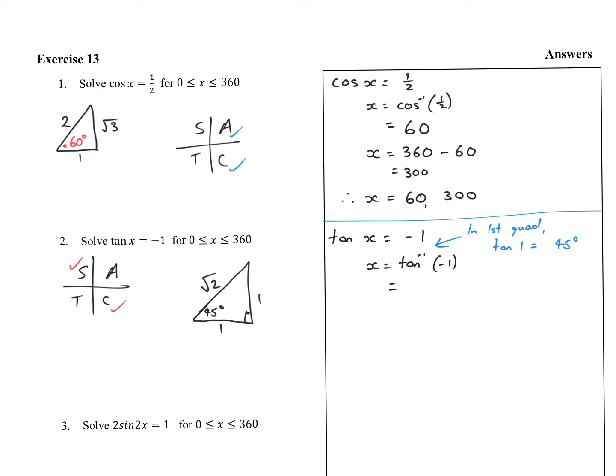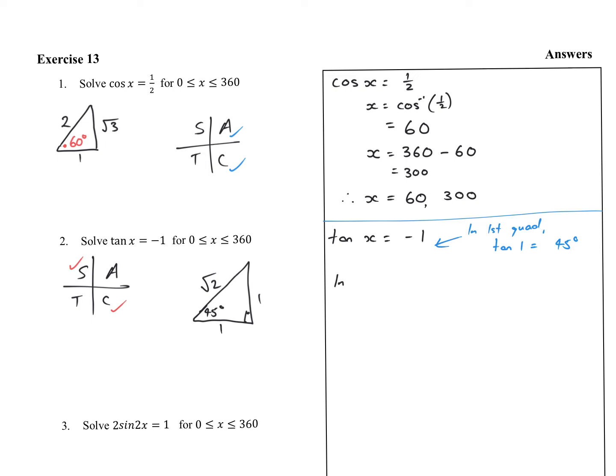So then x is equal to, so then back here, no, I don't know that we need this line of working. Sorry. So tan x is equal to -1, which is equal to, we're 45 degrees.